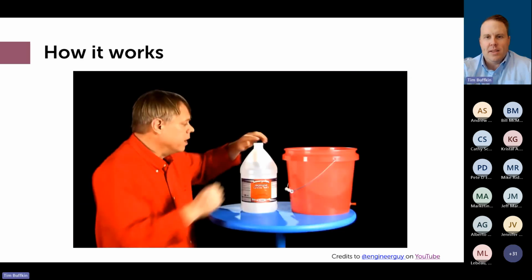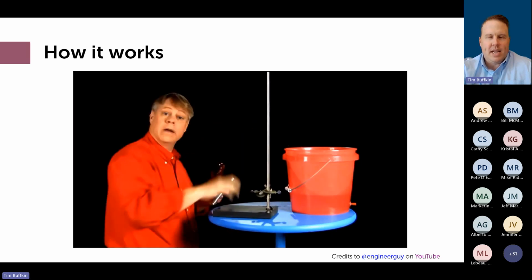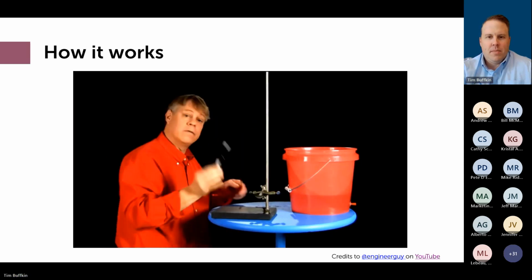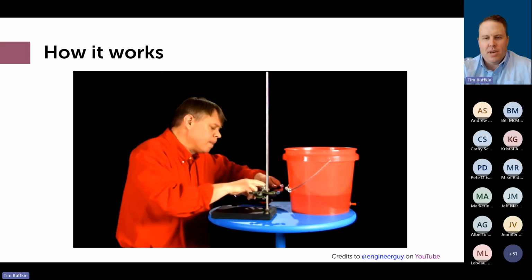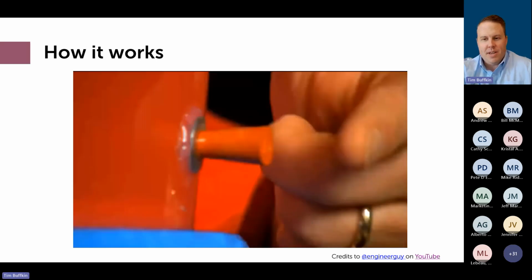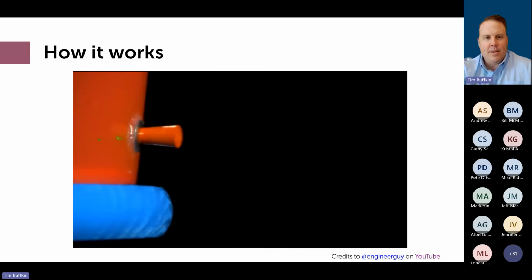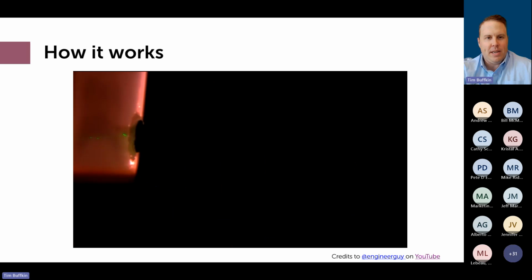He's going to pour this bottle of propylene into the bucket, and then set up a laser that's going to shoot through the propylene. What we get on the other end is a key example of some of the concepts that we're going to talk about in a little bit.